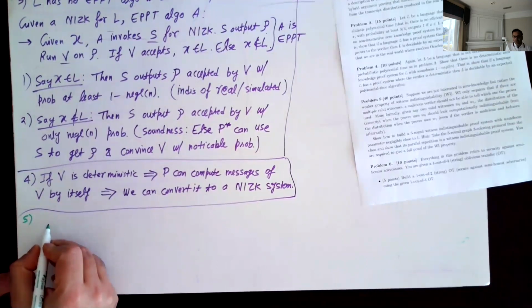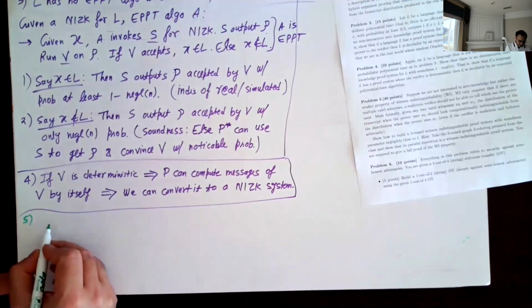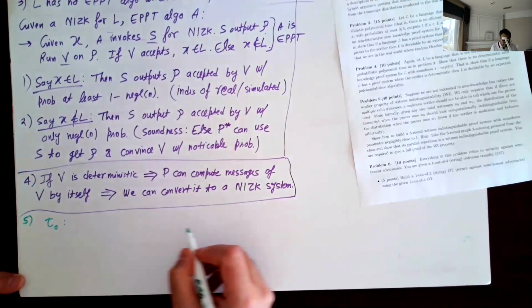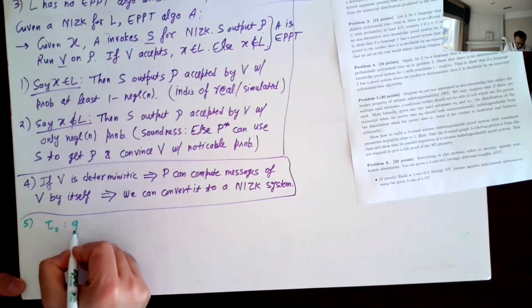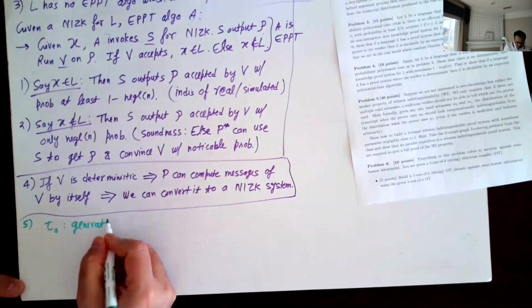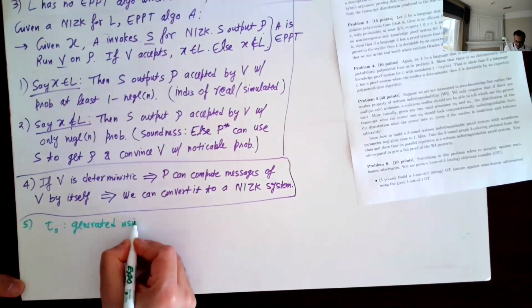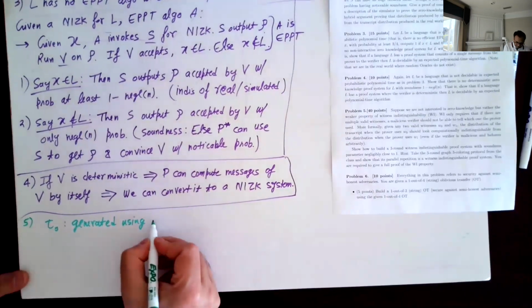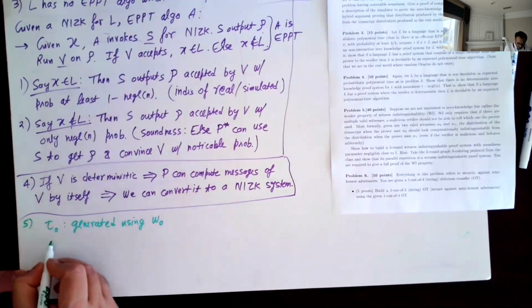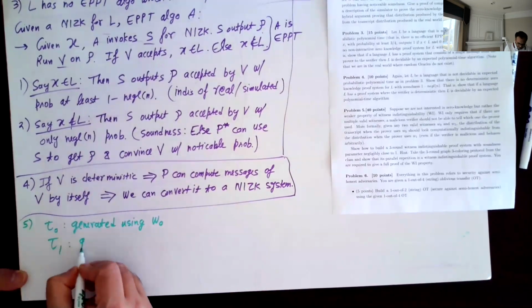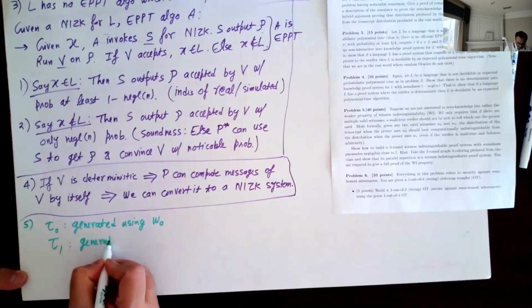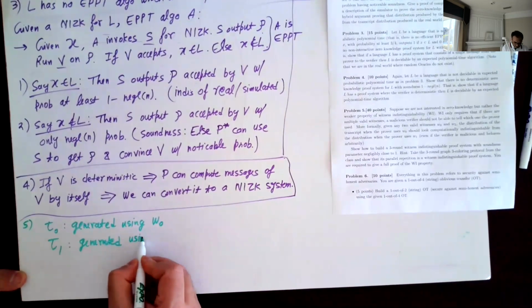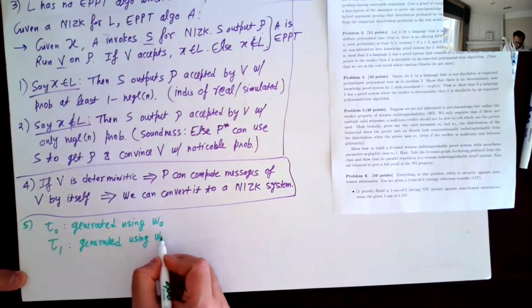So there are two transcripts. Tau 0 is generated using the first witness, W0, and tau 1 is generated using W1.